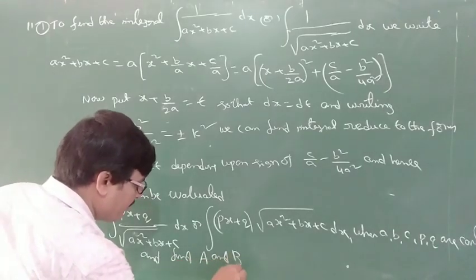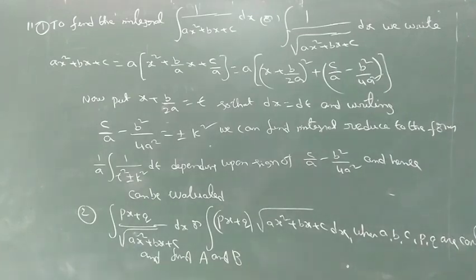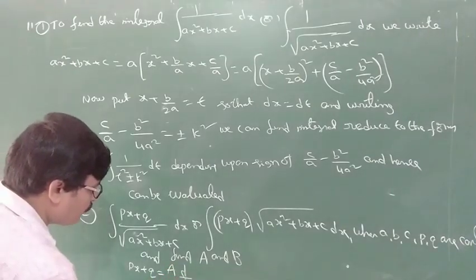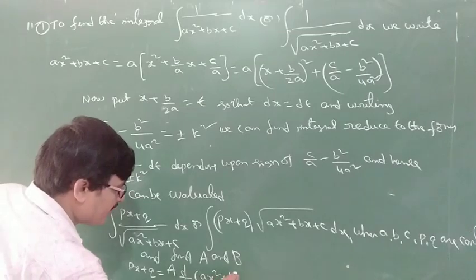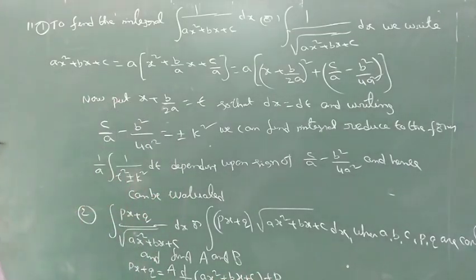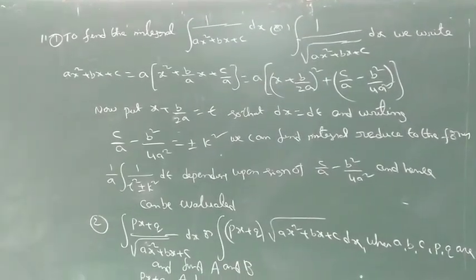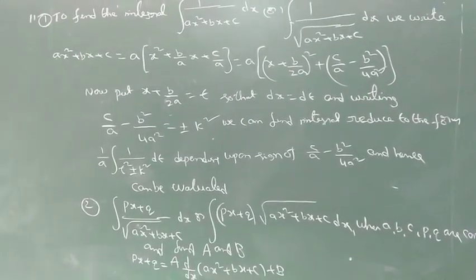Find capital A and B. So px plus q is equal to A into d by dx of ax square plus bx plus c plus B. And solve them.